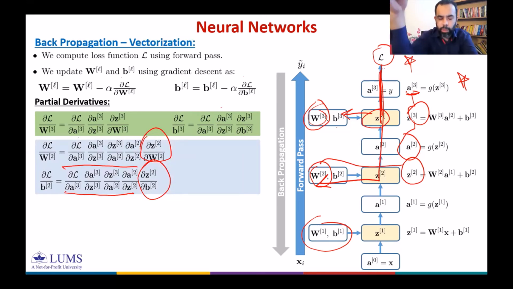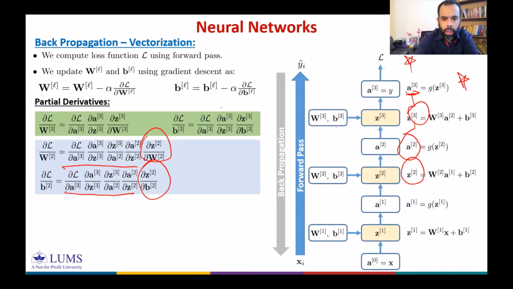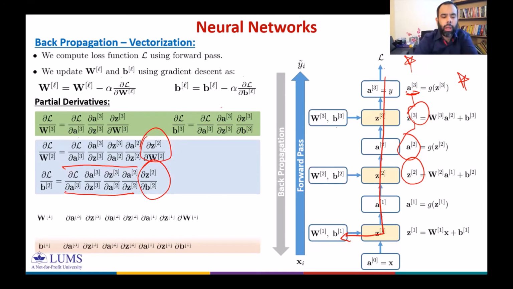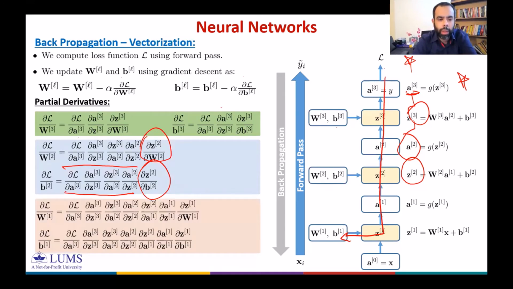In fact, we can go backwards further and find the derivative of the loss function with respect to W1 and B1. If I want to compute these, I should be traversing in this way, moving, and then here. And I assume you're now trained enough that you can write these partial derivatives.